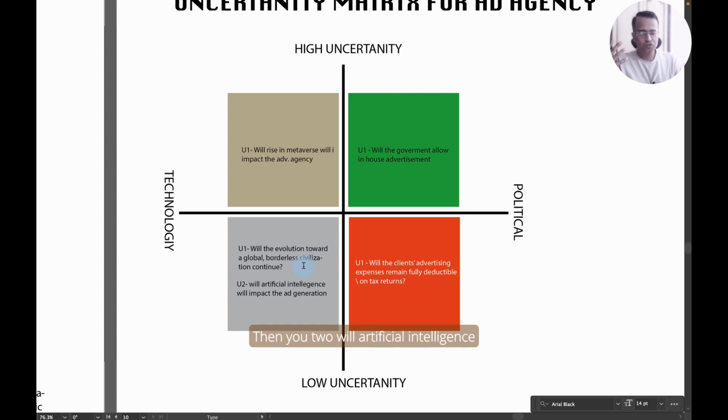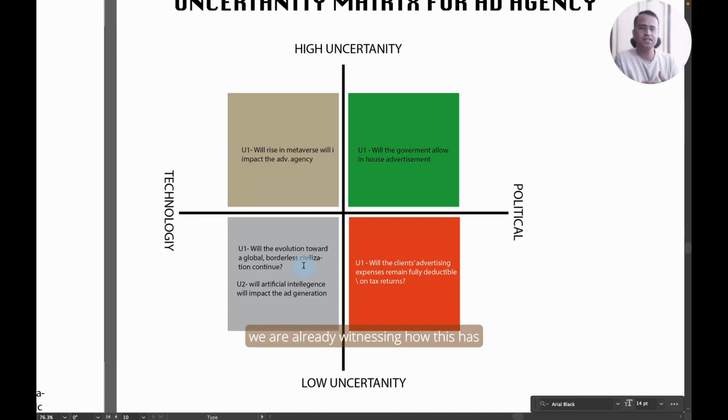Then U2, will artificial intelligence impact the advertisement generation? Since there is a rise of artificial intelligence, people have started using more AI-related writing tools, for example the new generative AI. Generative AI is responsible for generating new ideas, new concepts, like ChatGPT.